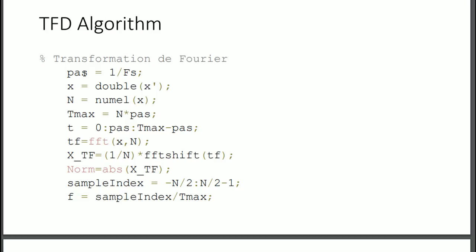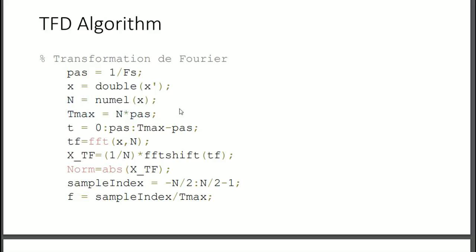From the previous step I consider an x, I take the transpose, and I convert it to double because I will do operations on it. Then I count the number of elements of x, and I call it big N. Then I define the maximum Tmax to be equal to N times the step.